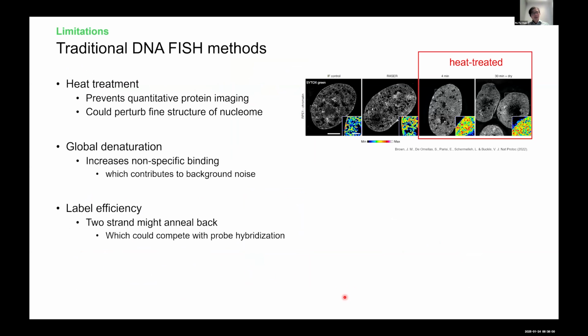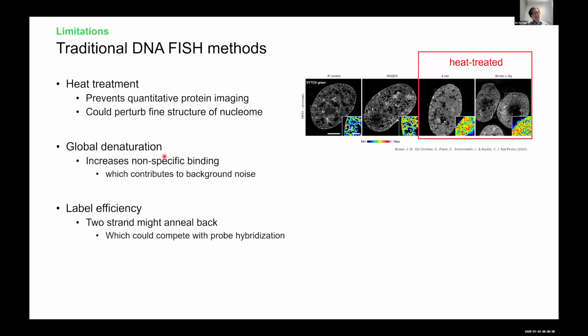Here I'm just trying to highlight a few limitations of traditional DNA FISH methods. One, as I already mentioned, is the heat denaturation. It prevents quantitative protein imaging. Also, it has been shown that heating the cell above 90 degrees Celsius has the potential to disrupt the fine structure of the nucleome.